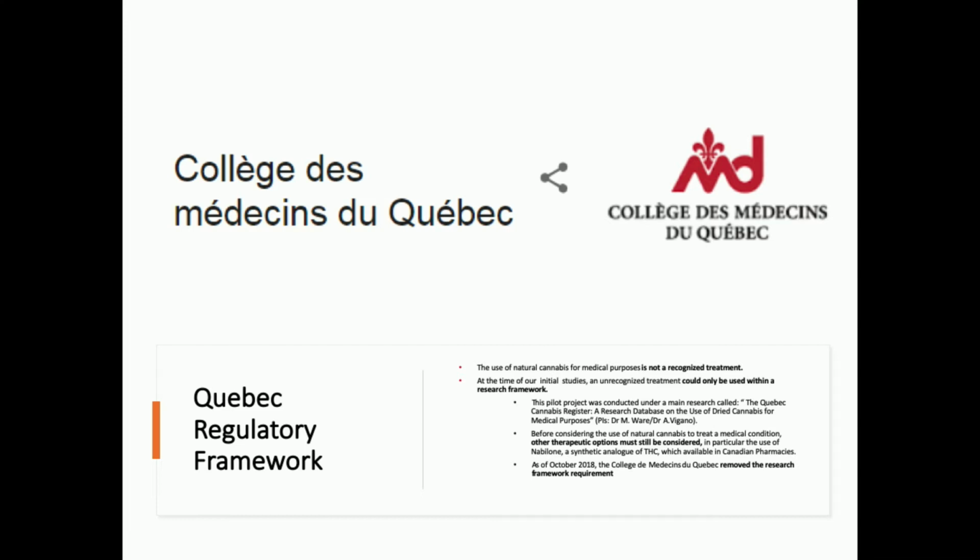As I mentioned, Nabilone is a synthetic analog of THC, and it was a medication already available commercially with a specific indication, which was chemotherapy-induced nausea and vomiting. The college wanted physicians to try that first. That was not part of the research protocol. That could have been done before doing the research protocol.